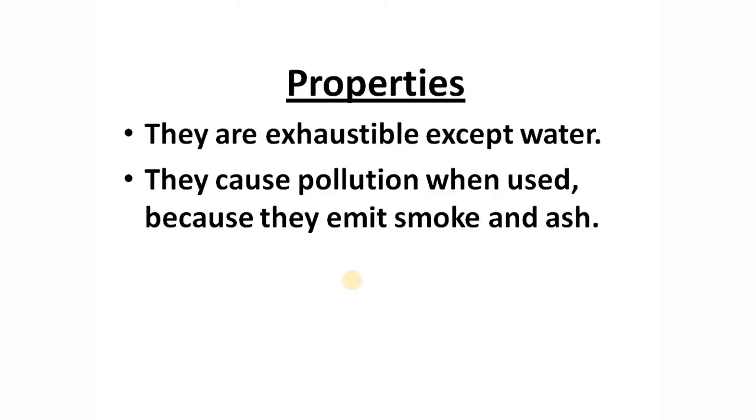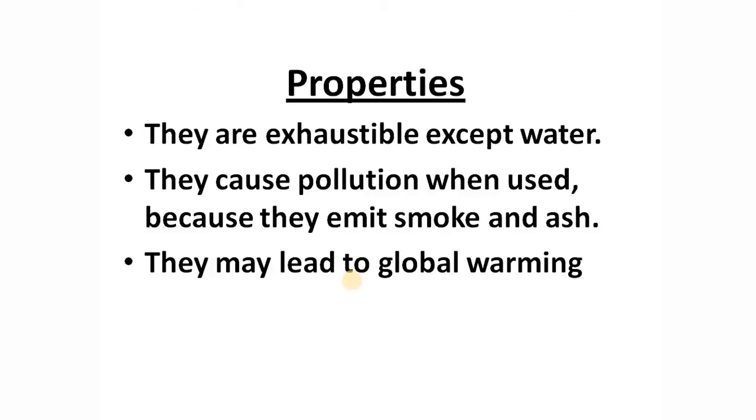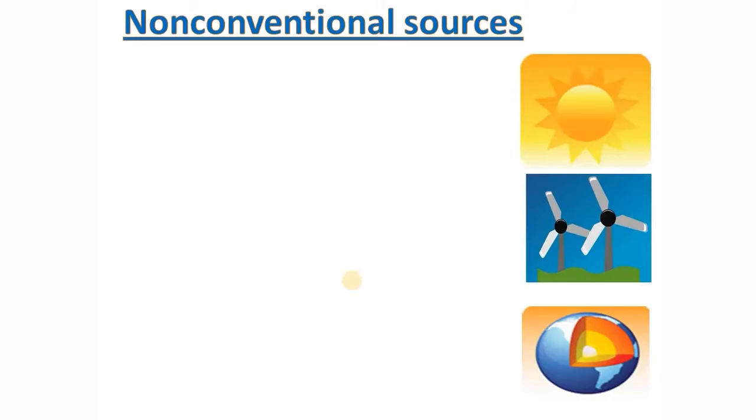But things have changed now due to irrational cutting of trees, deforestation. So the atmosphere is getting polluted day by day, which may lead to many adverse effects, as you know. One of the adverse effects is global warming. The content of carbon monoxide in the atmosphere increases, the moisture content in the atmosphere increases, and that may lead to global warming. And all of you know the consequences of global warming.